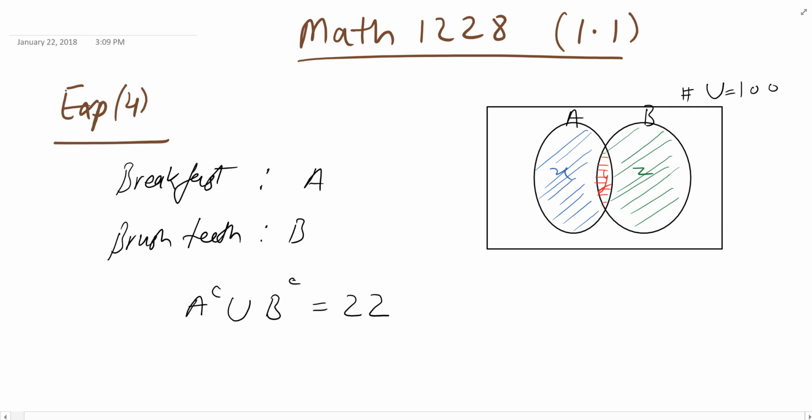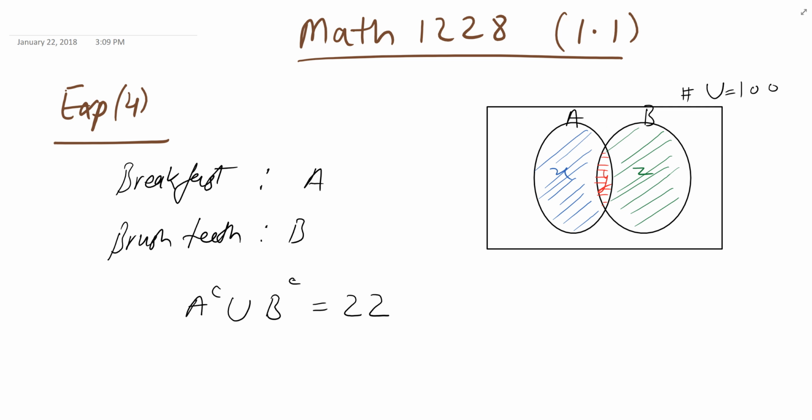Now, either did not eat breakfast, that means the complement of A, everything outside of A, and the complement of B is gonna be everything out there. So basically they're talking about the union of that.